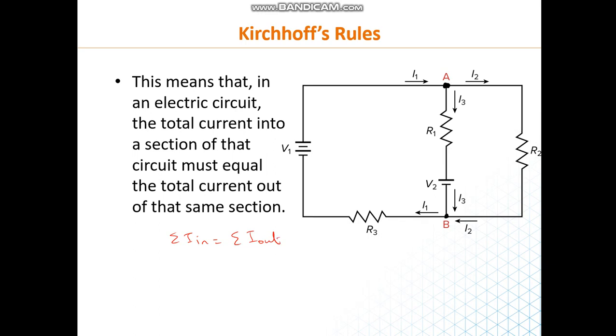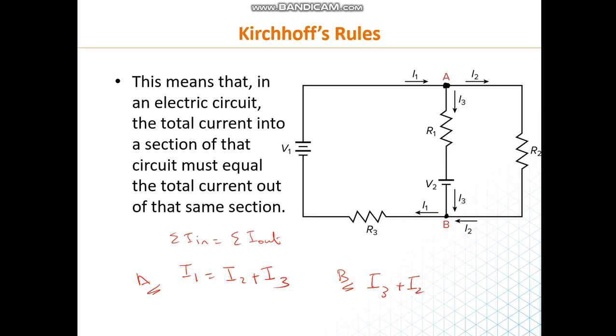Here, the current entering point A is just I1. I1 for sure will be equal to the two currents going out of the junction, which are I2 plus I3. This is at junction A. Let us take a look at junction B. I have two currents in, which are I3 plus I2.